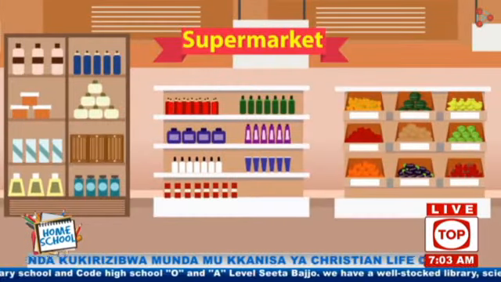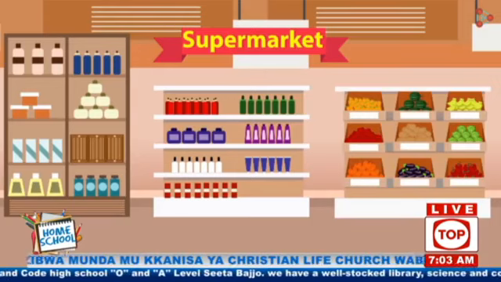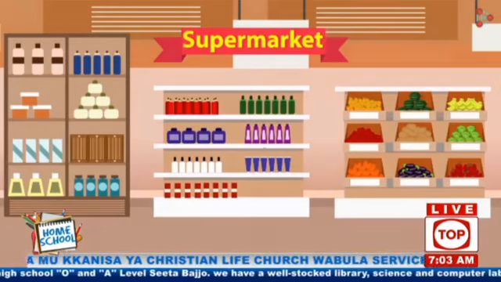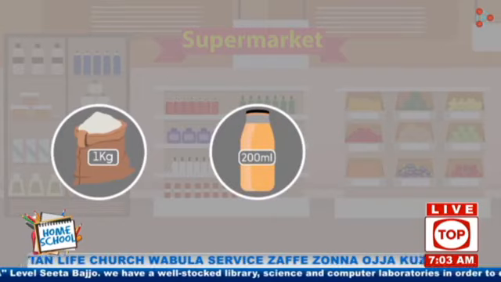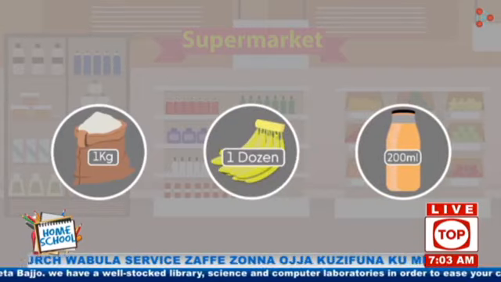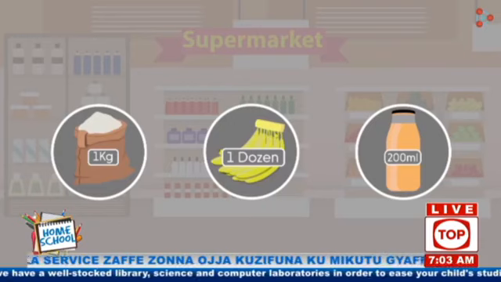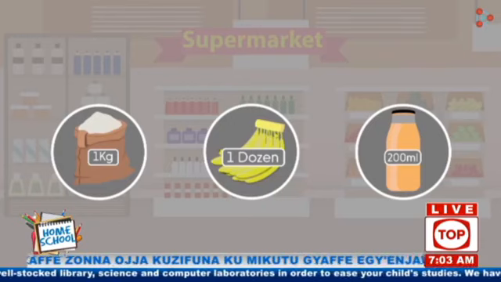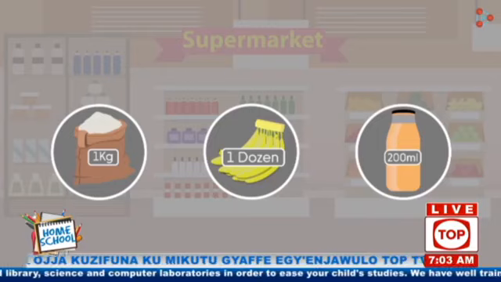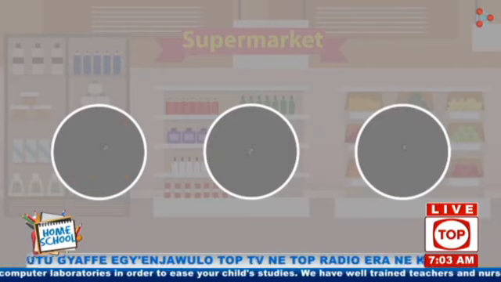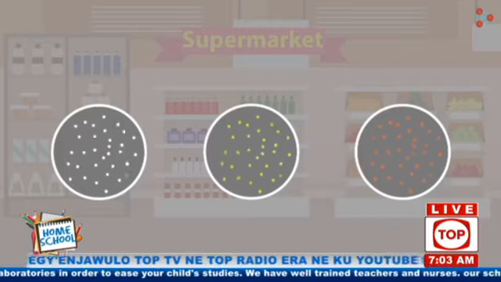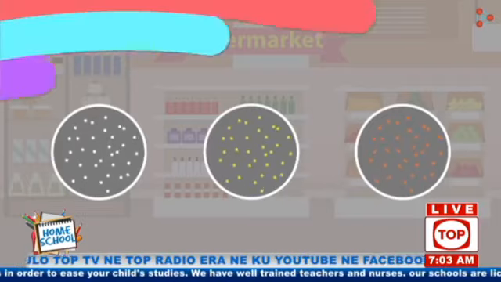By things using standard values. In other words, we always take 1 kilogram of rice or 200 milliliters of fruit juice. Fruits are sometimes counted using the unit dozen. 1 dozen means 12 of something. These are terms used in everyday life. But what if I want to measure something in terms of the number of tiny particles present in it? Let me explain this in detail.